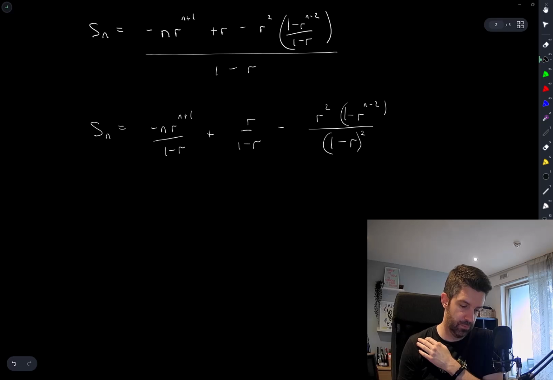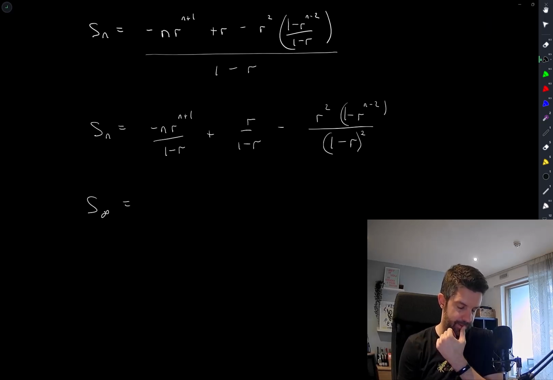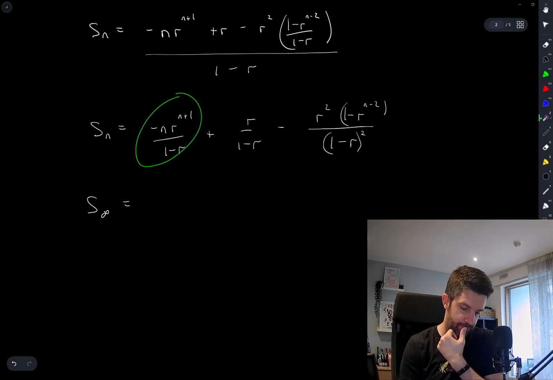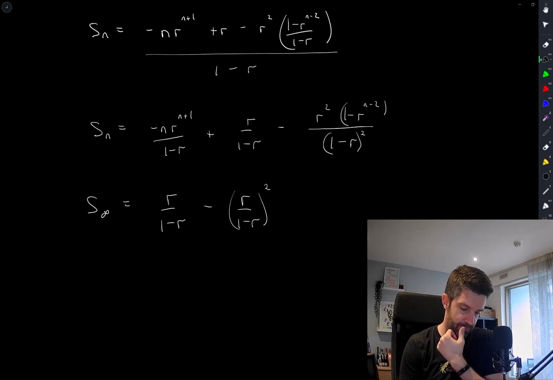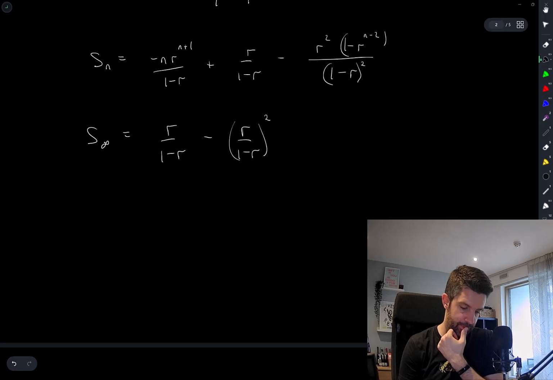So now S infinity is, so r has to be less than 1. That's gone. That's gone. So I get that, which maybe I can simplify.